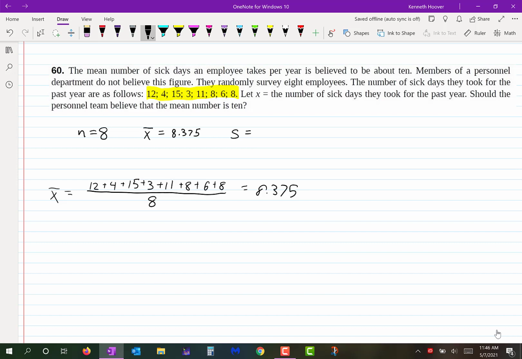Okay, now let's find the standard deviation of the sample. All right, so there's going to be a lot of writing.